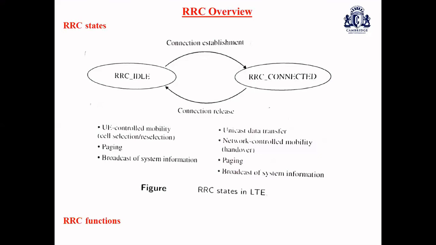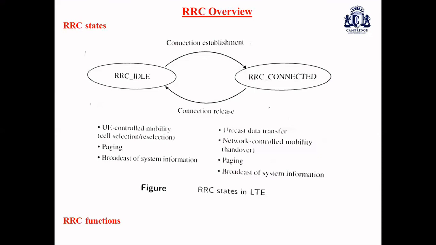So SRB2 has a lower priority than SRB1, which is configured by E-UTRAN after your security activation. When it comes to the protocol functionality, based upon the functions of RRC protocol, broadcast of system information such as your master information block and system information block.